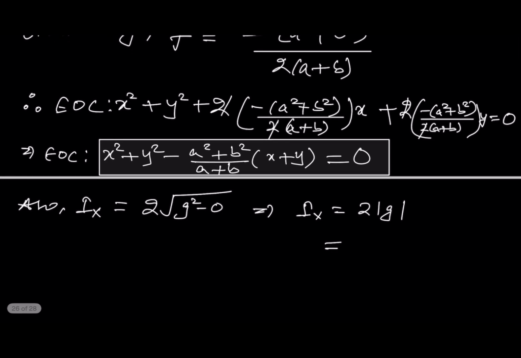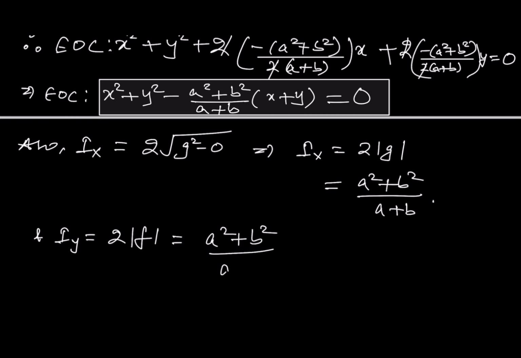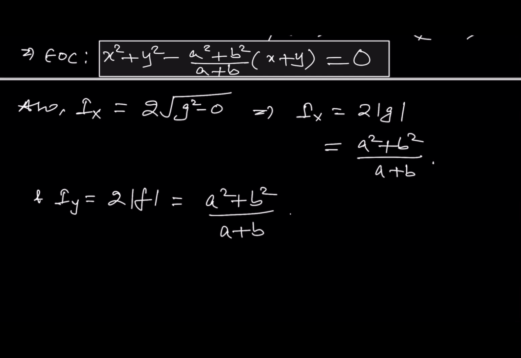So the intercept ix is (a square plus b square) upon (a plus b), because we are taking mod, and iy is again 2 mod f, which is (a square plus b square) upon (a plus b), right? So we have seen, as f and g both are equal, so the x-intercept and y-intercept are also equal, right?